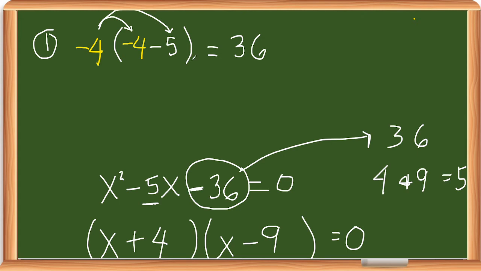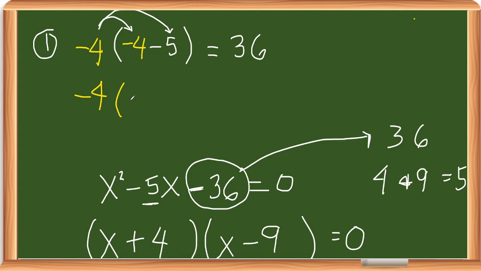Okay. So, this is negative 4 times negative 4 times, negative 4 minus 5. What is negative 4 minus 5? We are subtracting unlike signs. So, are we going to add or subtract?